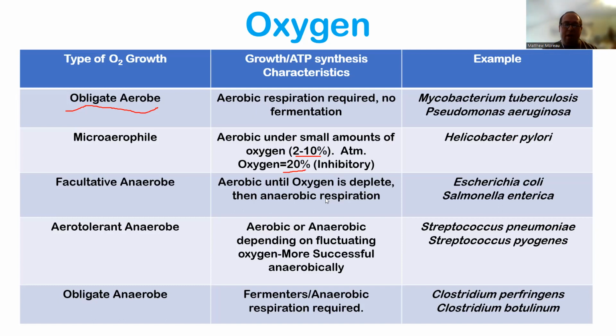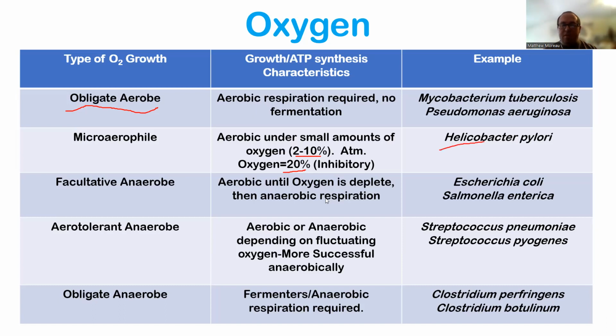So these require a really small amount of oxygen, but they still perform aerobic respiration with it. Too much oxygen is actually toxic to their enzymes, meaning there's a certain amount of oxygen they need to drive aerobic respiration, but they don't need any more.